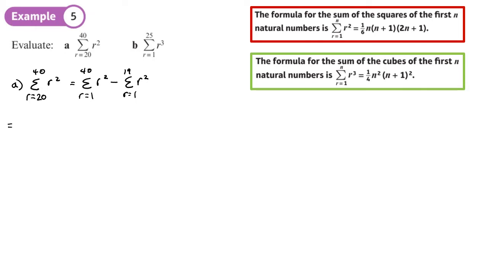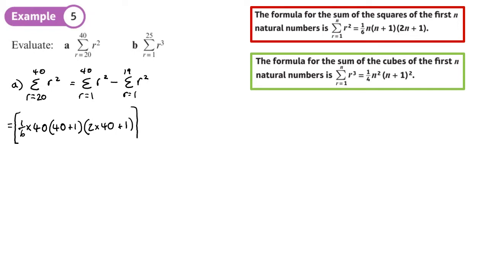So the sum up from 1 to 40 is going to be the first summation sign I've got, is going to be 1/6n. So this n is 40 for the first one, and then it's going to be 40 plus 1 times by 2 times 40 plus 1.